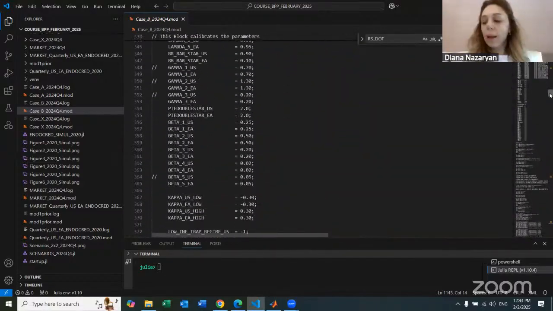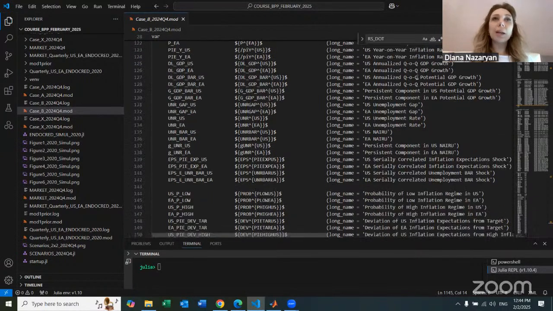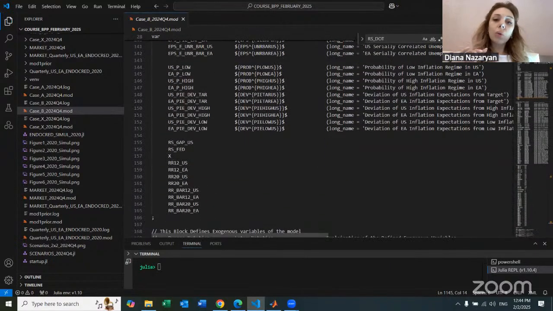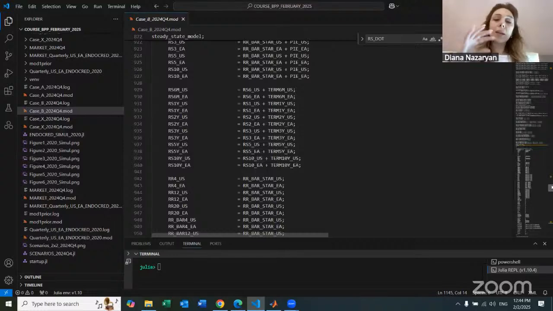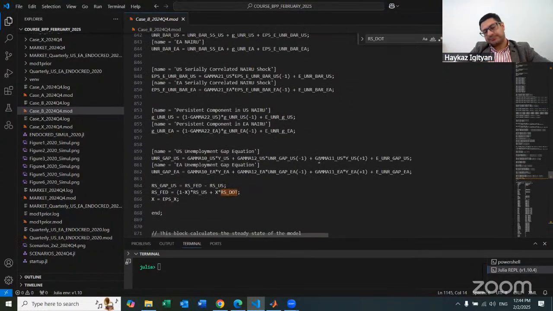I have a question here. I want to understand whether the case A and case B shock sizes are related to expert judgments, or whether we have some calculation to determine the size.